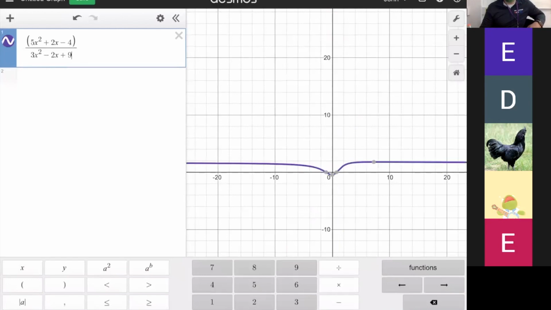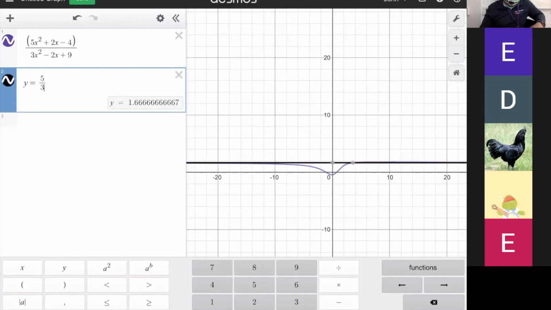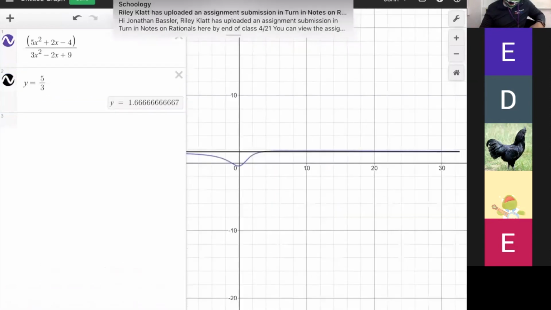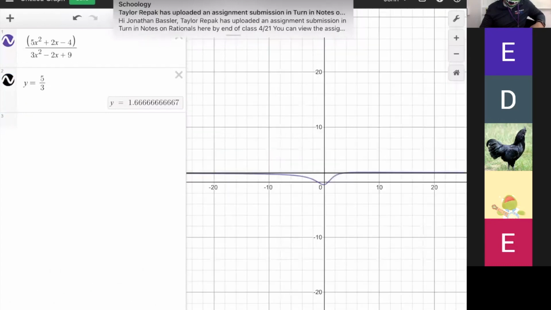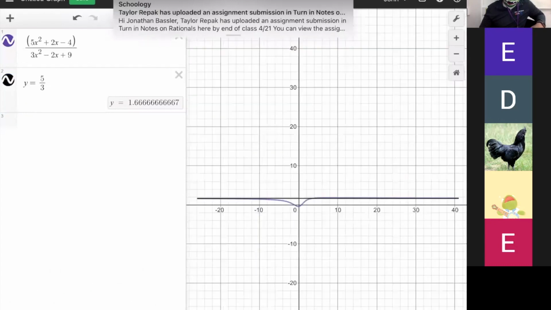And again, you see no vertical asymptotes. There's no up and down line that would give you that. And we see that the lines start to level off somewhere. And where do they level off? Well, at y equals 5/3. And you see right there that black line, it is not going above it.